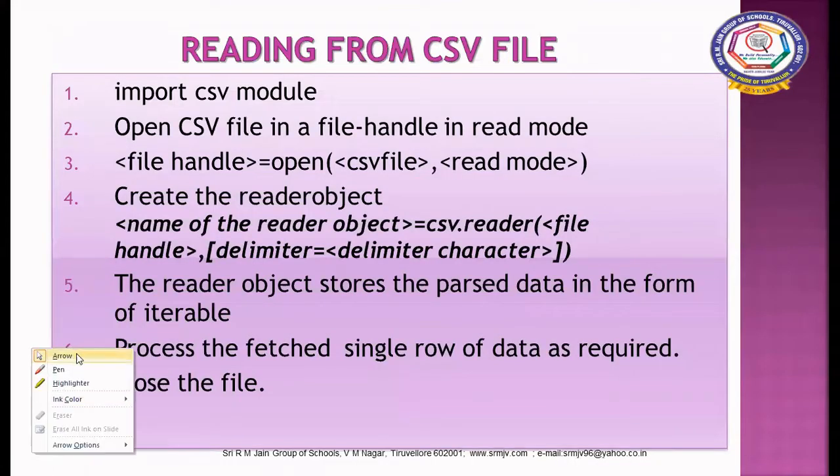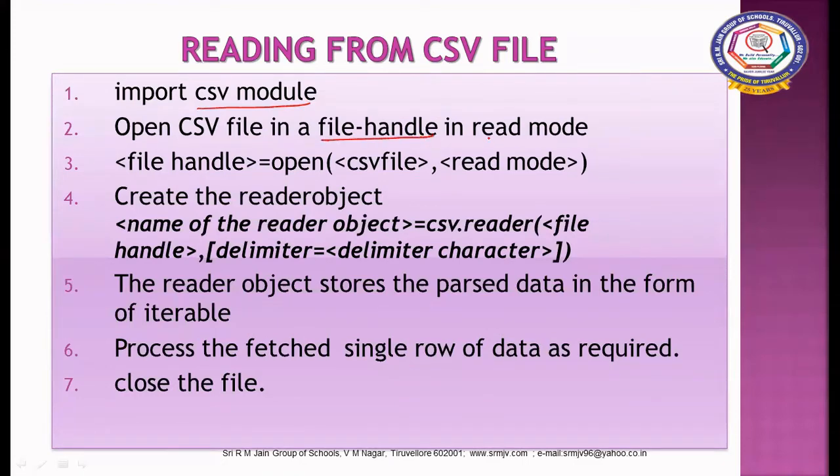So these are the steps when you are reading data from your file. Import the CSV module. Open the CSV file in a file handle, that is, in read mode, and the file handle should be associated with your CSV file. Create the reader object. So the name of your reader object equals csv.reader of your file name.